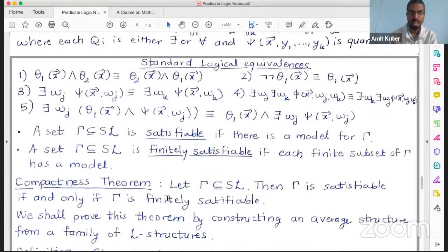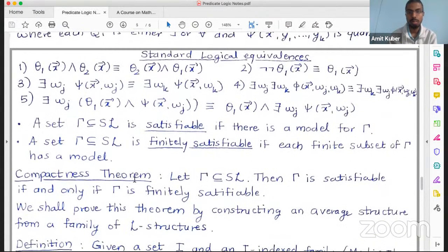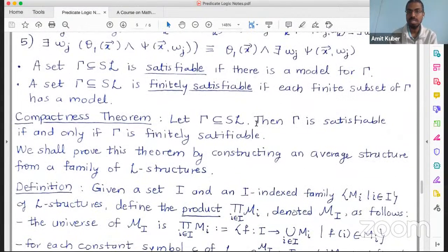Okay, so let us look at this. Compactness theorem is the same statement, but you can only expect it for a subset of the collection of sentences. We don't expect anything for formulas, because sentences have truth values.